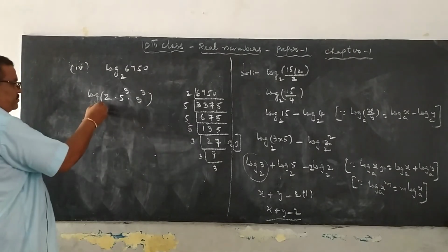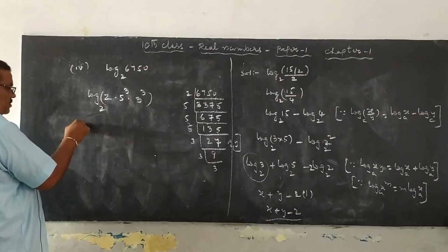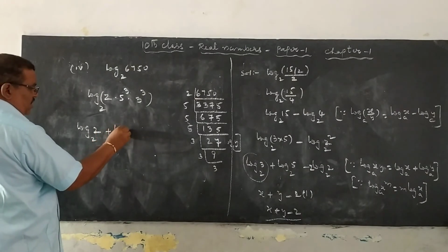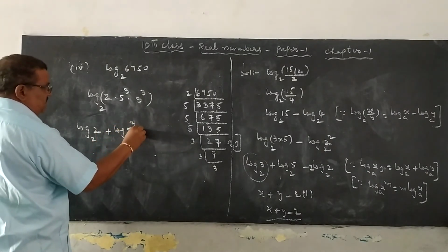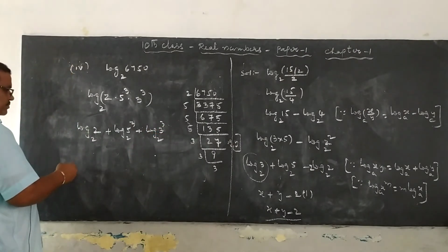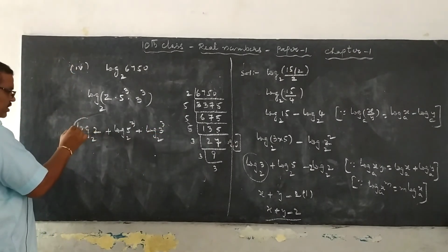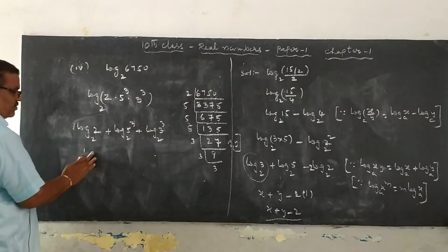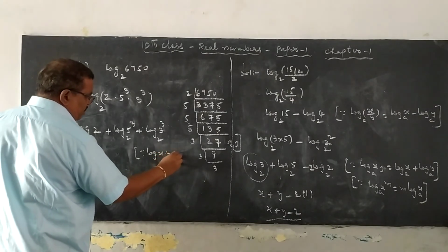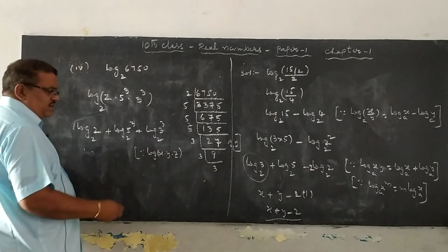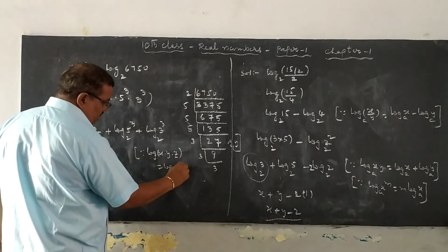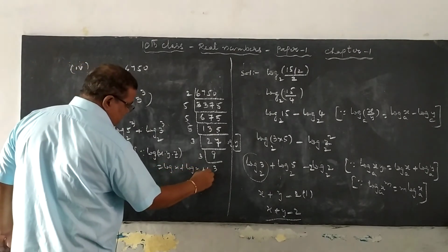So that is log 2 base 2 plus log 5 cube base 2 plus log 3 cube base 2. Since from the supporting formula, the continuation of the log xy formula, it can be written as log x plus log y plus log z.